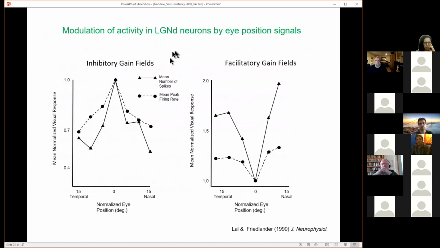This is from a study by Lau and Friedlander, and you can see modulation of neurons in the lateral geniculate of the cat by eye position signals. So you can demonstrate the presence of inhibitory gain fields and facilitatory gain fields, which theoretically then could be used to adjust the activation one sees in V1 on the basis of this distance information.